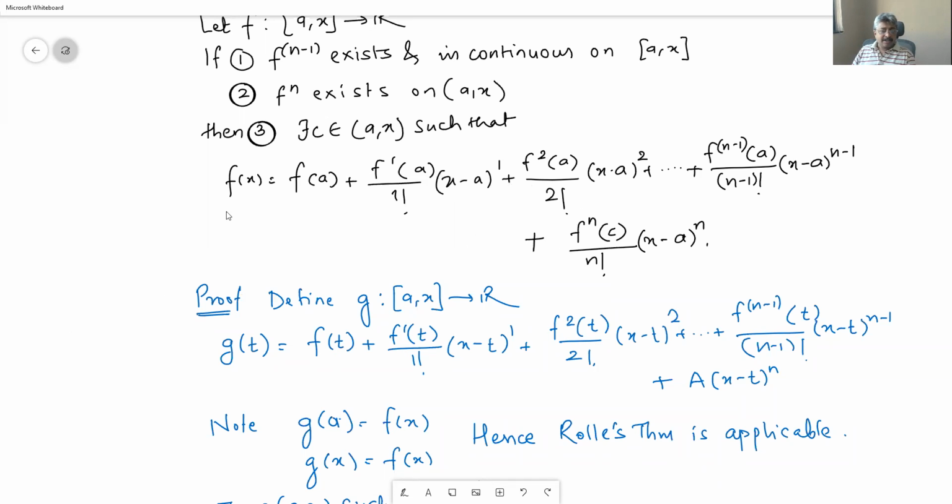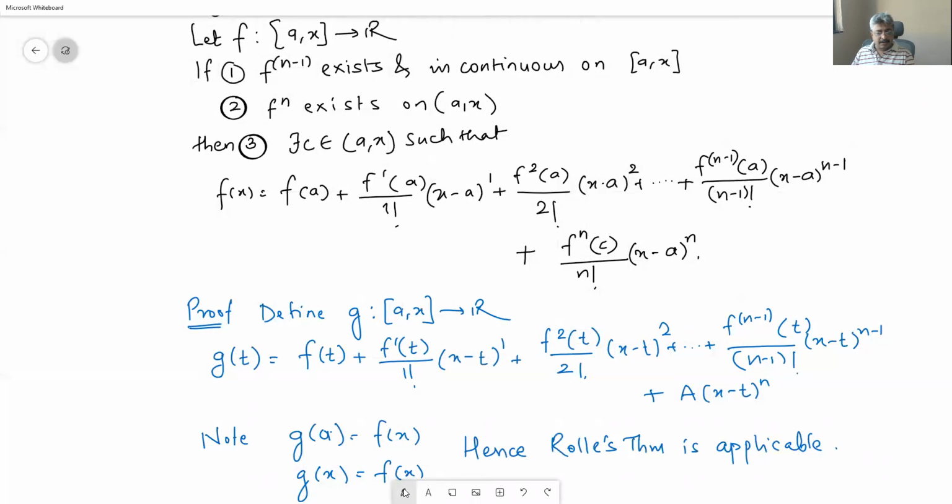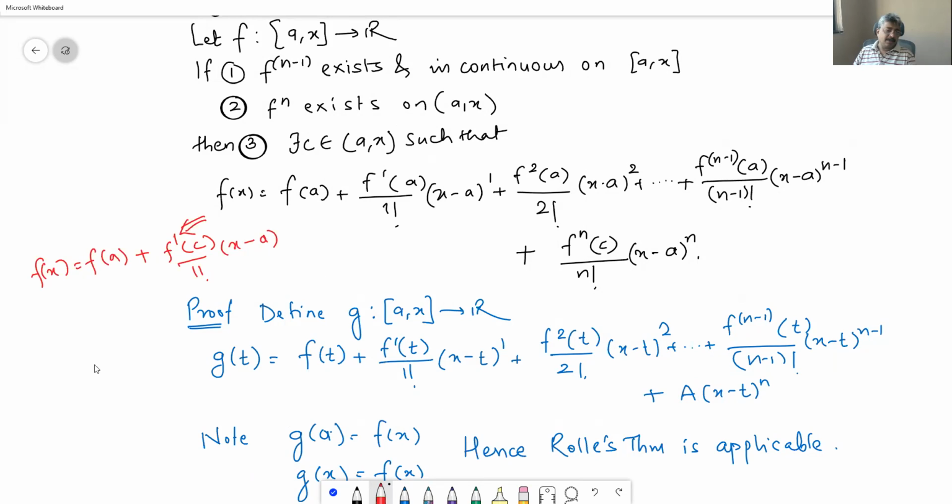In that case, the special case of this theorem, Taylor's expansion, if I write it for n is equal to 1, it will be f of x is equal to f of a plus f dash evaluated at c. This is the term that I am writing now, upon 1 factorial into x minus a raised to 1.